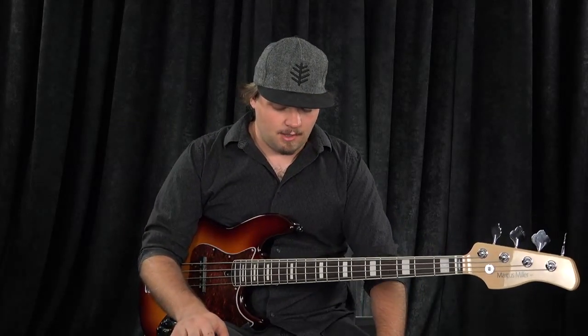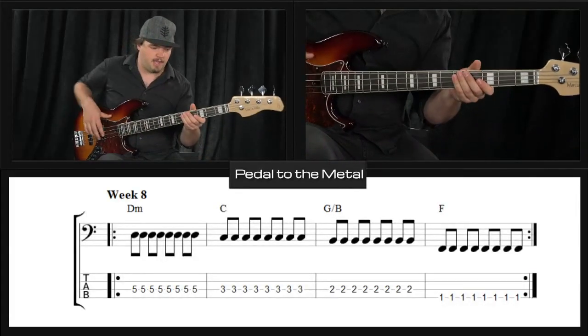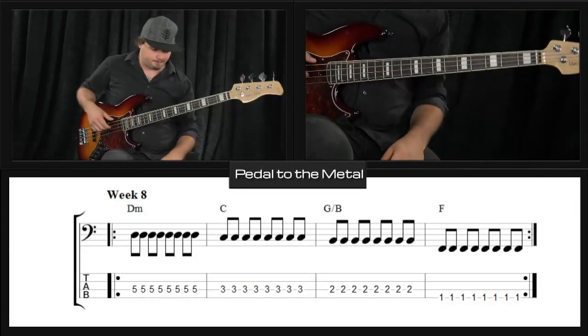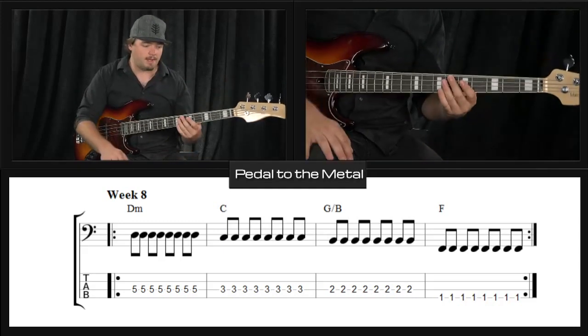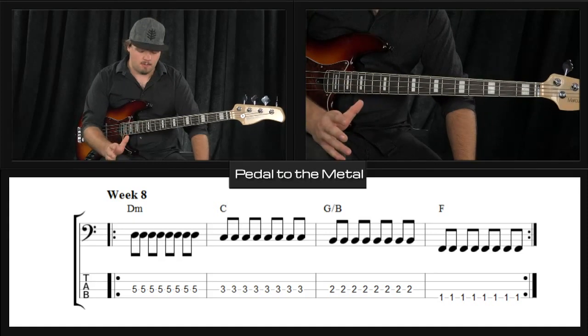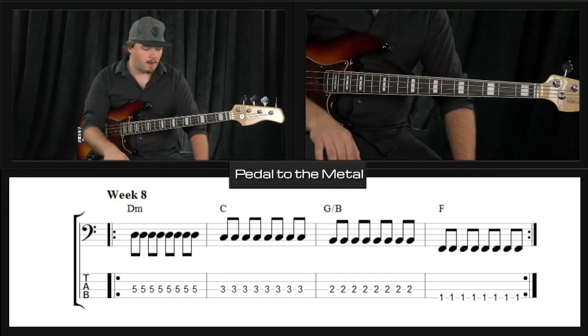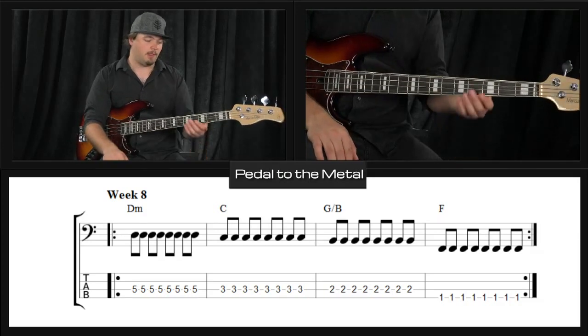So let's take a look at our notation here one more time and keep looking at this pedaling line. So what I'll do is pull up a metronome. We'll set it to 80 beats per minute, and you guys can grab your basses, or you can of course just watch and follow along if you would like.